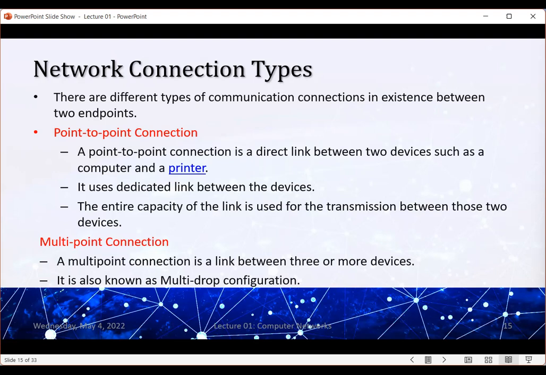Point to point means there is only a dedicated connection between devices. I took this example. We have 4 computers, right?